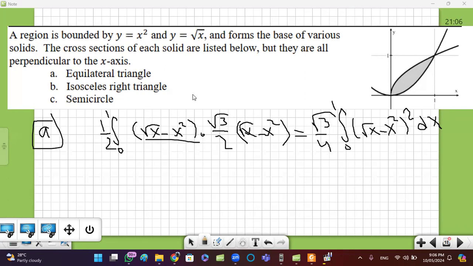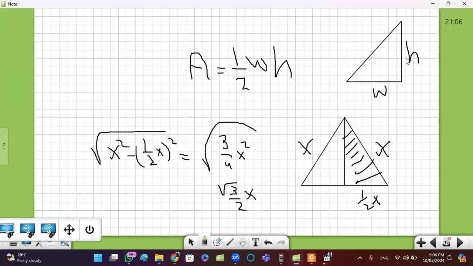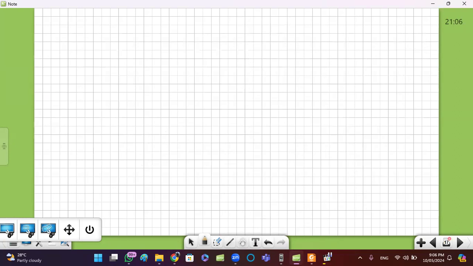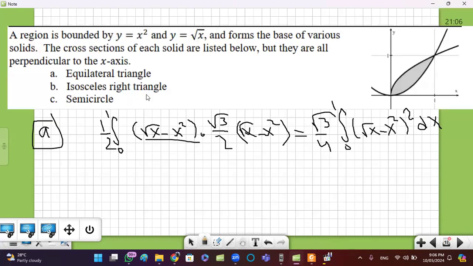Okay, let's talk about isosceles right triangle. The area of an isosceles right triangle, as we explained here, if this is x, so this will be x, so it will be half x squared, integral of x squared. So I need here the isosceles right triangle, so I put here the half integral from 0 to 1.